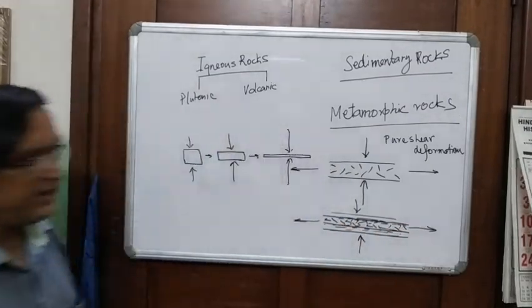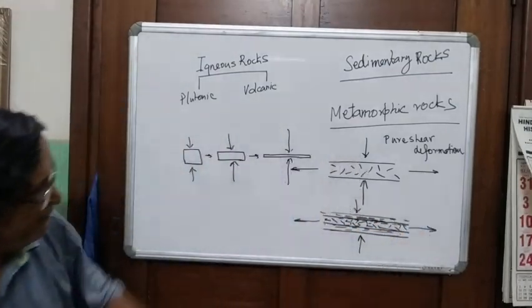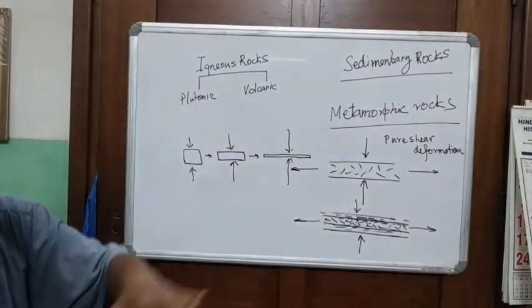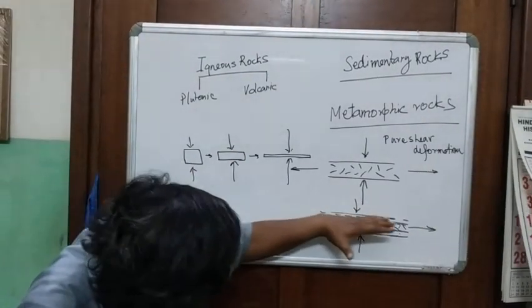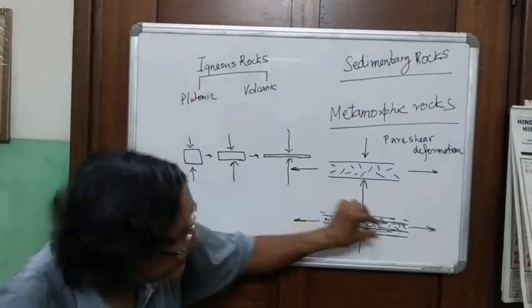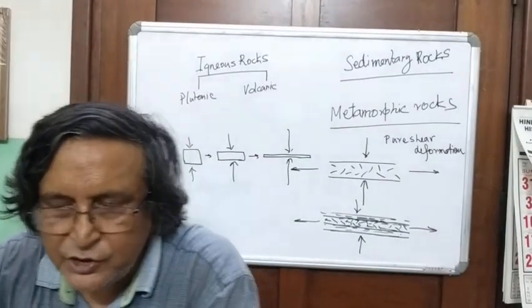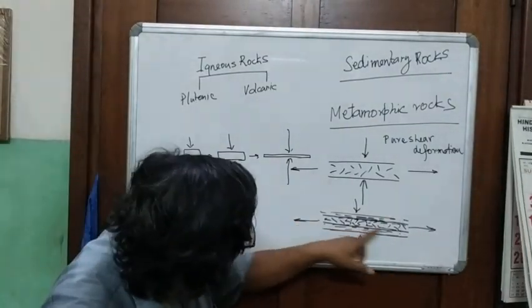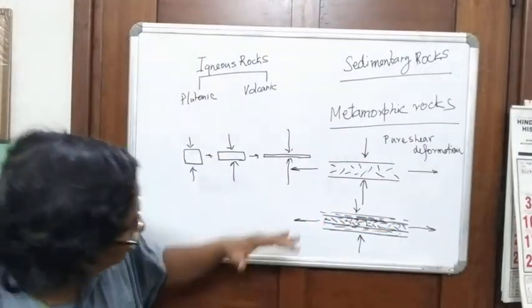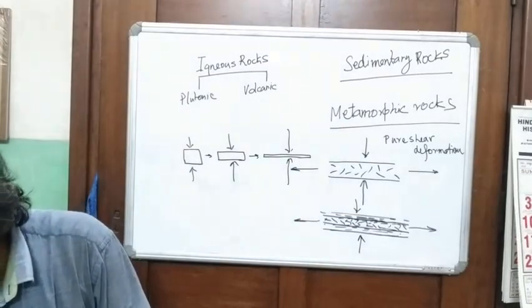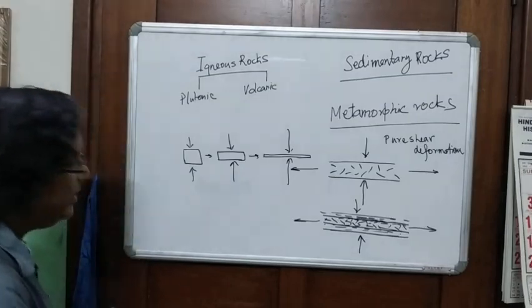You might have a situation like this, where in these layers, minerals become finely oriented. Say, for example, they become oriented, and in between you can also have minerals. How will be the orientation? The maximum length will be parallel to the direction of stretching, and this will be the plane of flattening. Say, for example, have you understood?